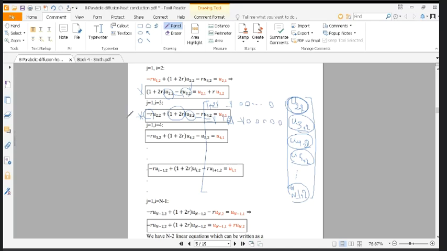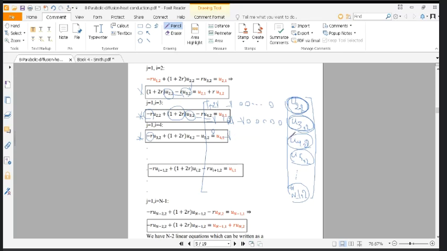We go to the third equation. In the third equation, the coefficient of u2 and 2 is 0, because in this equation we don't have u2 and 2. The coefficient of u3 and 2 in this equation is minus r, and I write minus r.